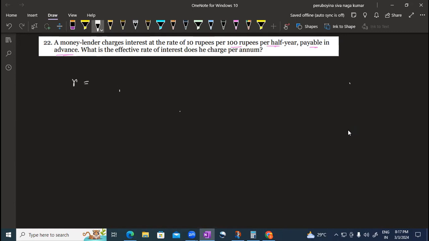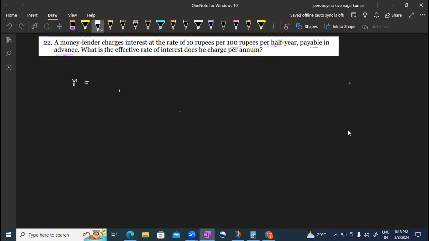So rate of interest R is equal to, for every 100 rupees, 10 rupees payable in advance. Payable in advance means he's collecting the interest first. That means he's only giving 90 rupees and treating that one as 100 rupees.